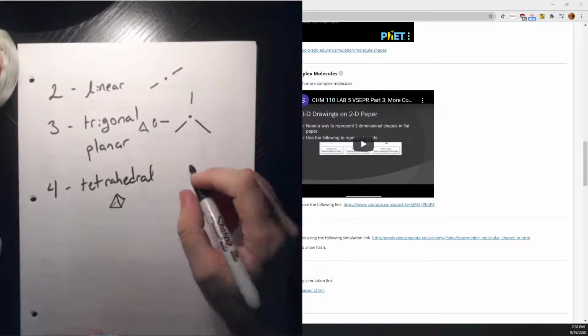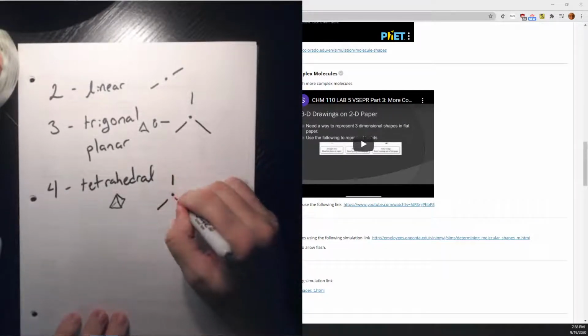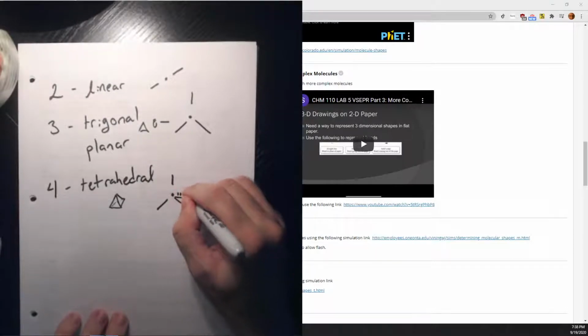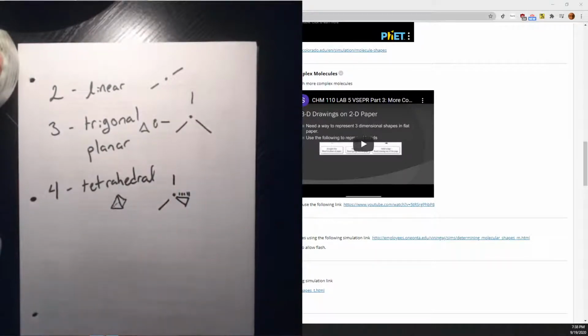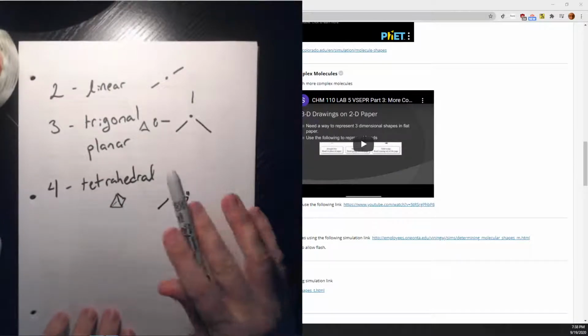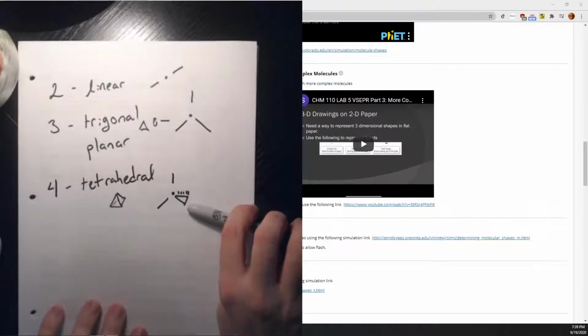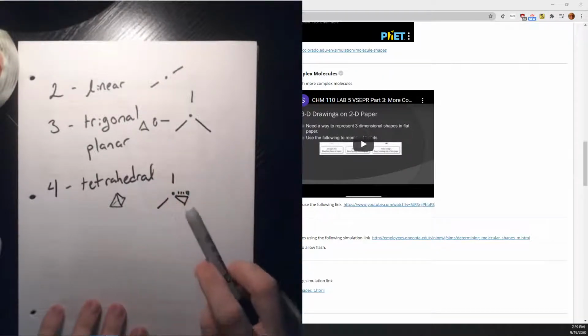So when we draw this in 3 dimensions, we draw it like this. One points up, one points down and left. The other 2 have to break out of the page. A straight line just means that it lies directly in the same plane as the page. A triangular wedge like this means that it's coming out of the page towards you.